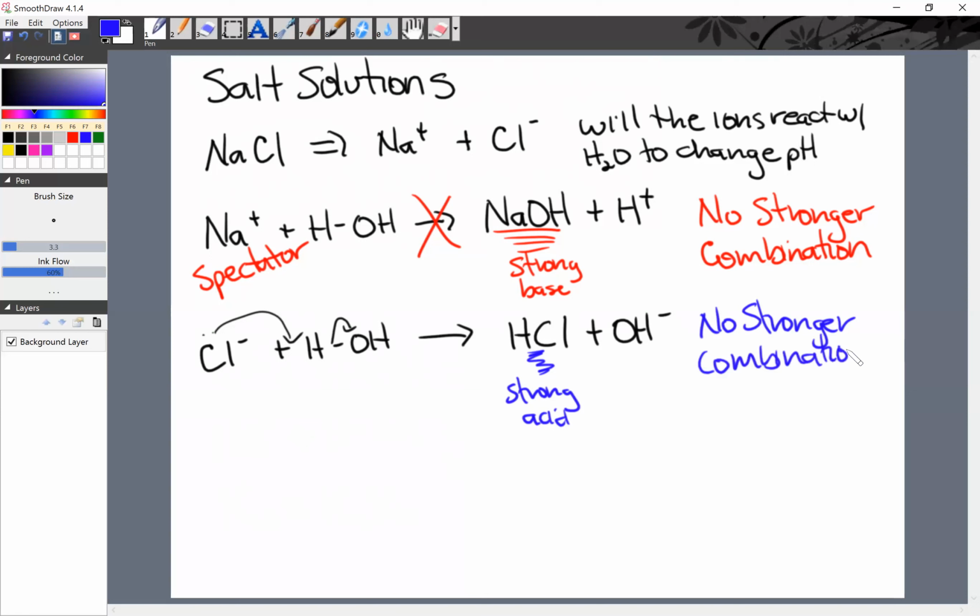And nature is not going to react from a weak possibility and make a strong possibility. So this one's also a spectator. And that is going to happen every time we use the cations from the six strong bases and the anions from the six strong acids. So those are just going to be spectators.